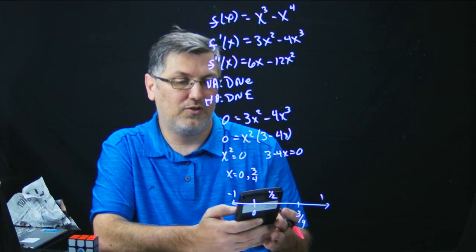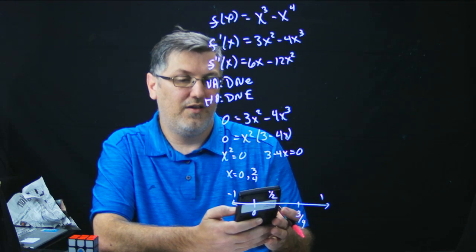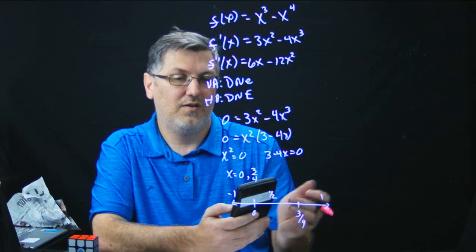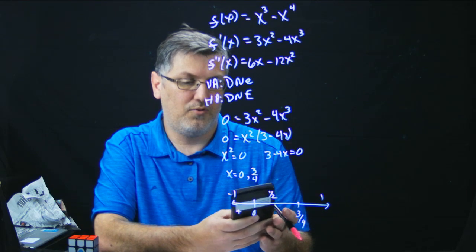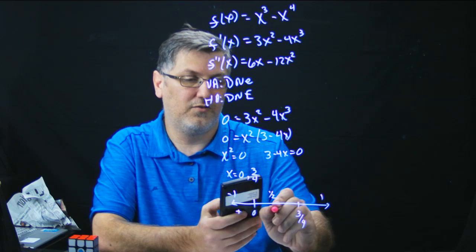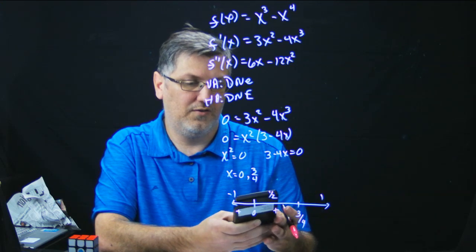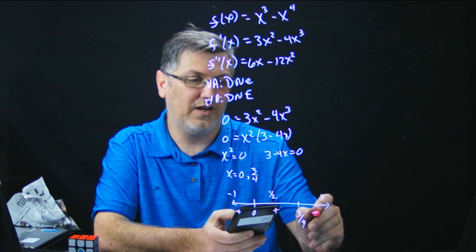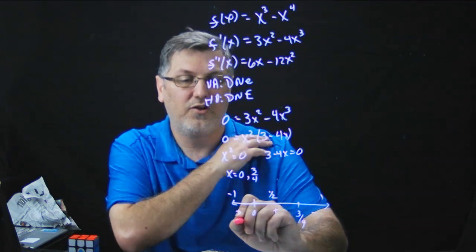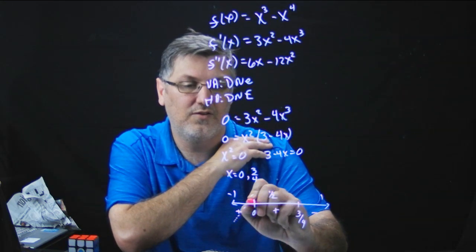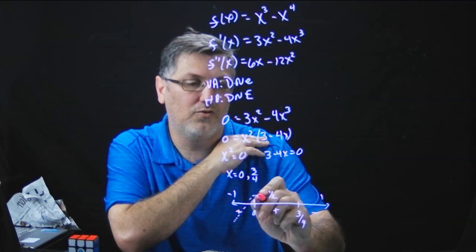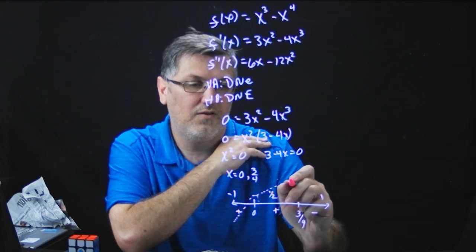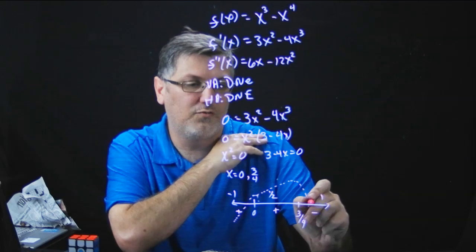So let's plug -1 in, and this should be positive. 0.5, this is positive, and then 1 is negative. So same scenario as before. Graph's coming in like this, flattens out right here, then it goes up again, flattens out at 3/4, and then comes back down.